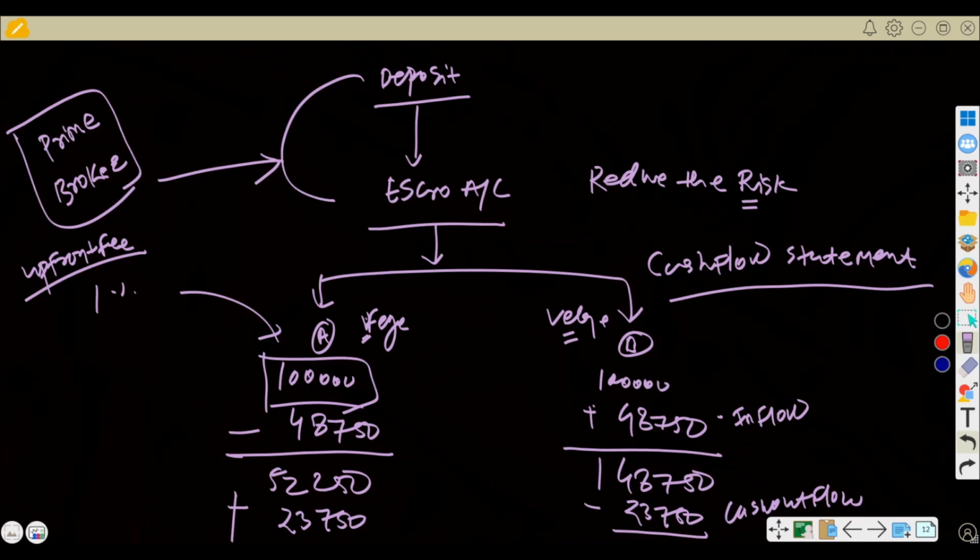Because B will pay the interest payment, and B will receive the variable leg because A will pay all the variable in the portfolio of A. Whatever will happen, that will transfer to B. And the difference of F and V leg will be treated as a coupon. And the broker will charge an upfront fee because the broker will manage this entire thing.